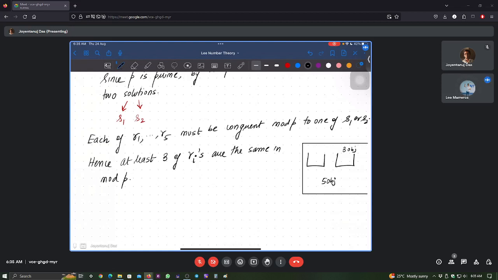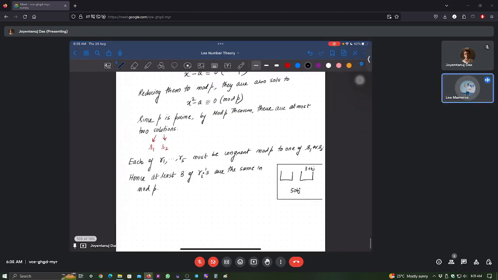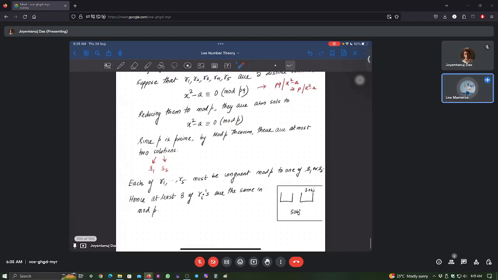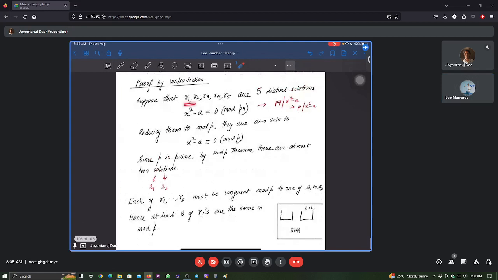What were S1 and S2? S1 and S2 are two solutions, right? This equation has two incongruent solutions. And R1 to R5 are the original solutions. We are assuming that this equation modulo pq has five distinct solutions, R1, R2 up to R5.